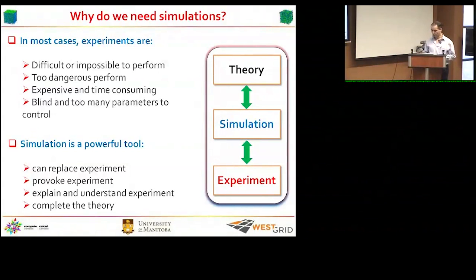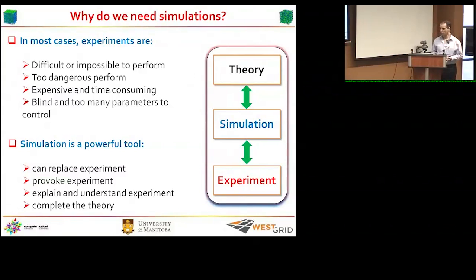So from theory, we can use simulation by numerical integration, for example. Sometimes we do experiment and we want to understand what happened in the experiment. So we have to model the system using the simulation in order to understand the experiment.